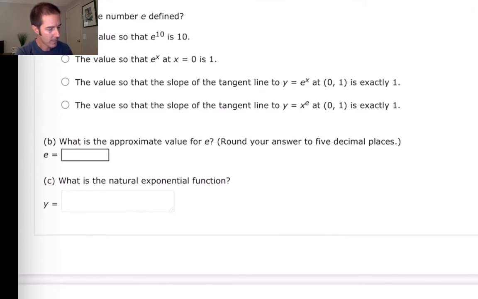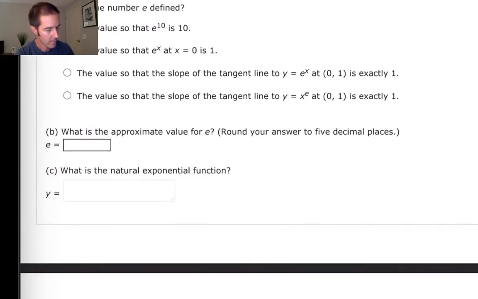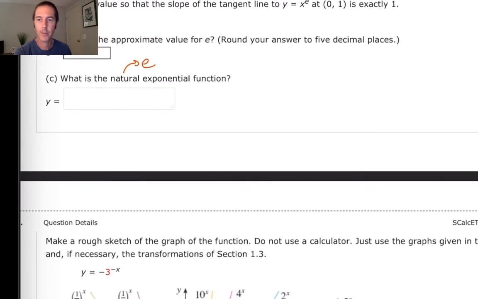So the fact that it's natural is telling me that we're working with the value e. And for the natural exponential function, your b value, your base, is going to be e. So I will let you type that in and frame it up so that it looks like an exponential function with a base of e.